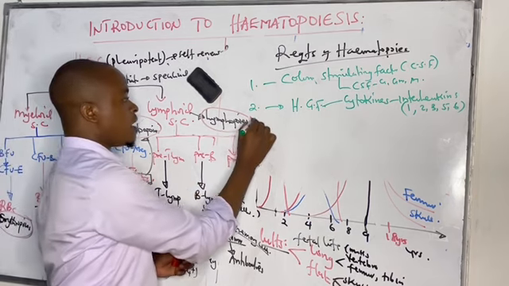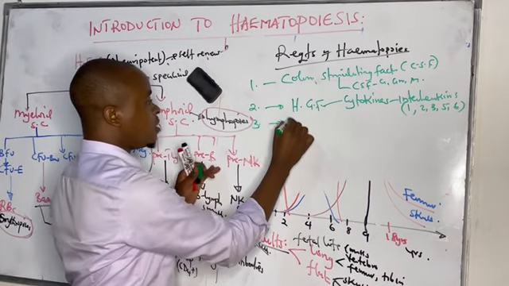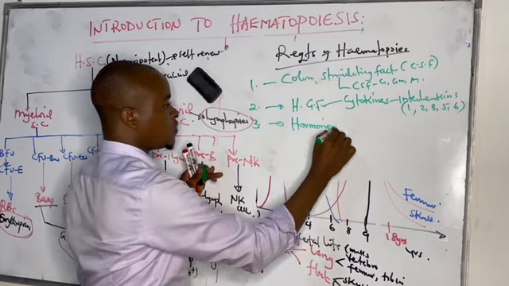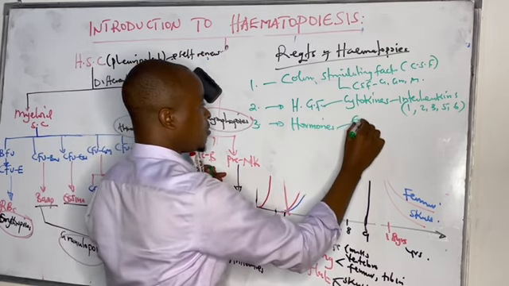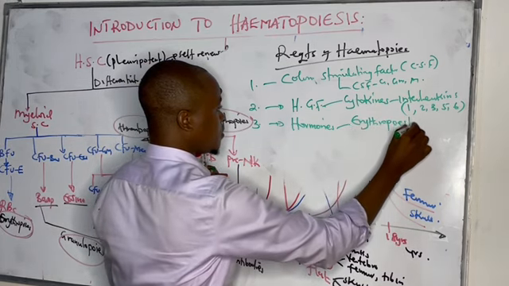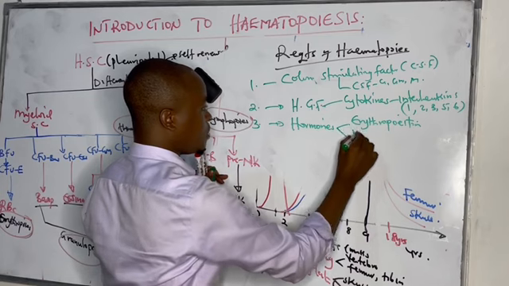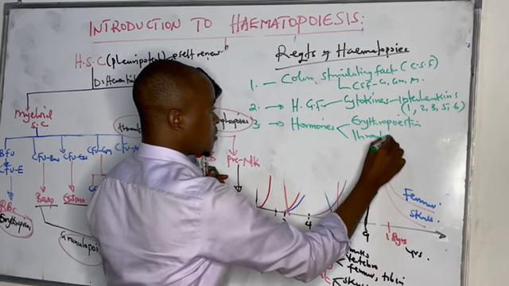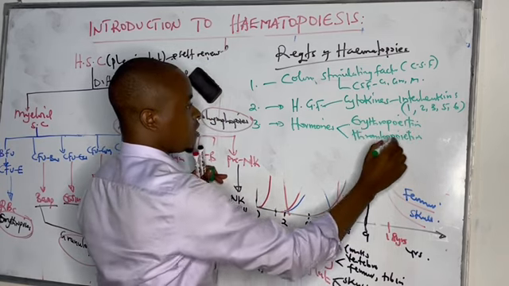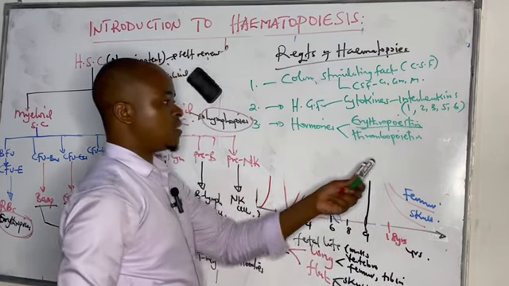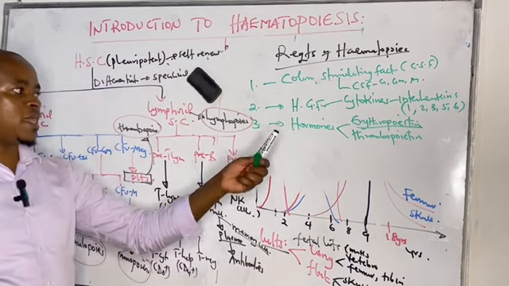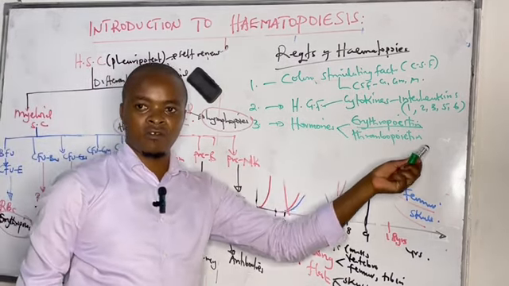Then we shall see other requirements like hormones, whereby we shall need the erythropoietin hormone and thrombopoietin. Erythropoietin is for erythropoiesis and thrombopoietin is for thrombopoiesis, all produced by the juxtaglomerular apparatus of the kidney.